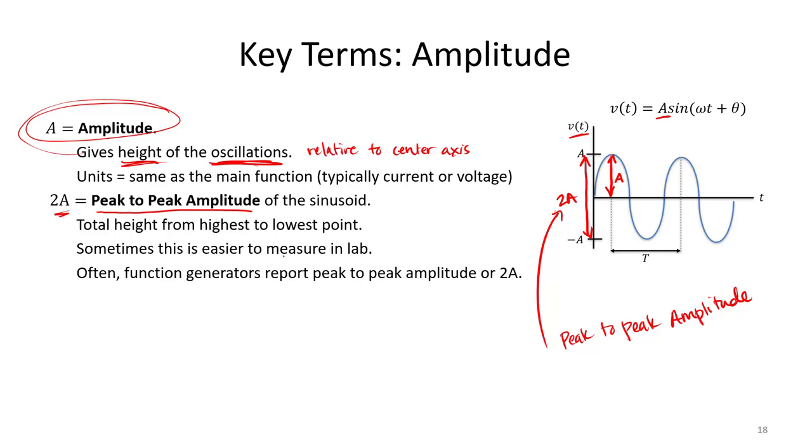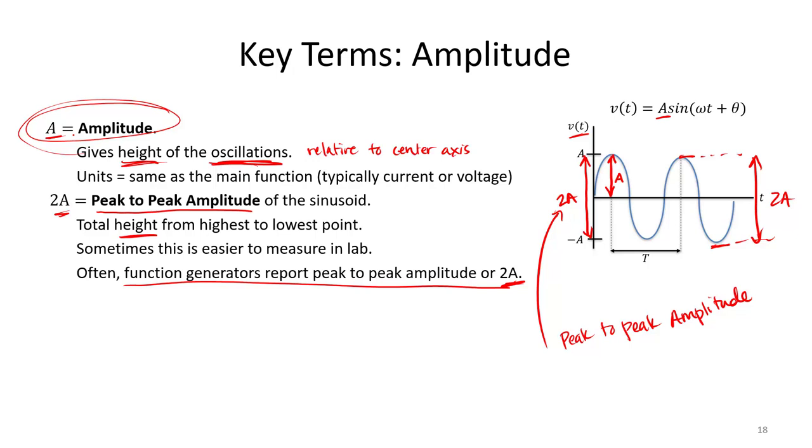When we say peak-to-peak amplitude, that is the height of our wave from the highest point to the lowest point. So that will give us 2A. And once again, often function generators will report peak-to-peak amplitude, or 2A, rather than plain old amplitude A.